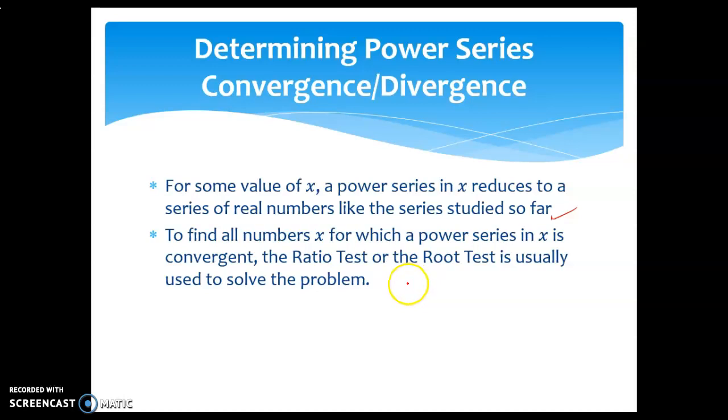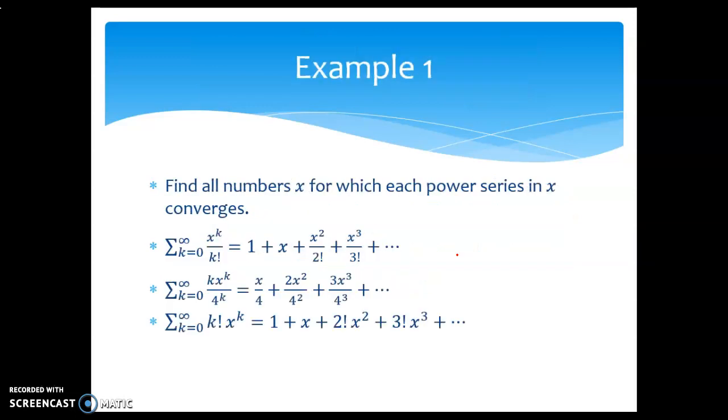So we will go about finding the x values that make the power series converge. To find the x for which a power series in x converges, we will use the ratio test or root test. These will be the main tools we use to examine power series convergence at this point.